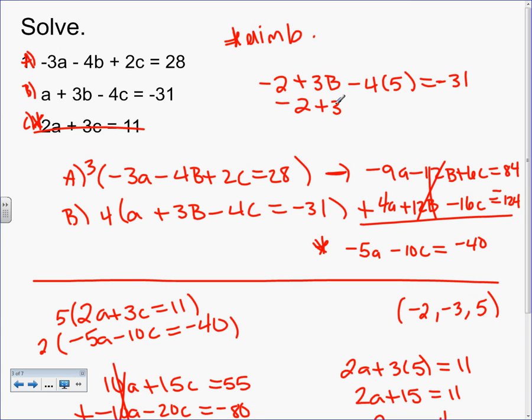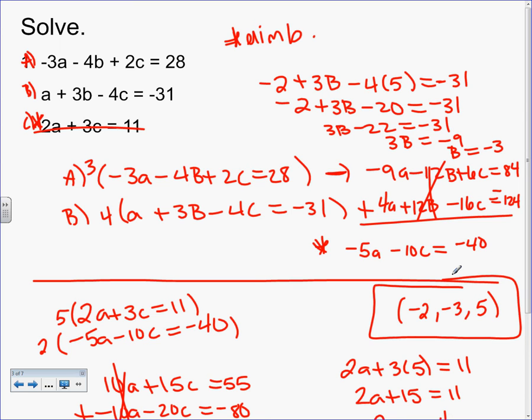So it's negative 2 plus 3B minus 20 equals negative 31. So that's 3B minus 22 equals negative 31. So add the 22. So it's negative 31 plus 22. What'd you say? Negative 9. So B is negative 3.